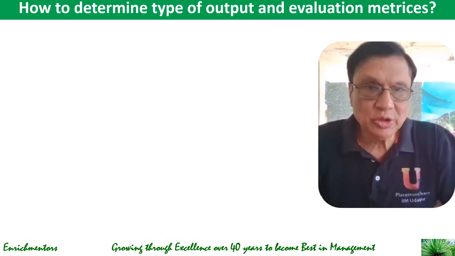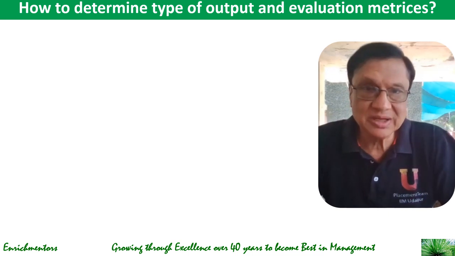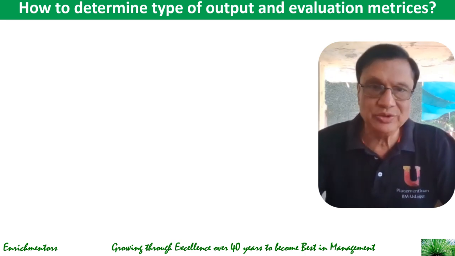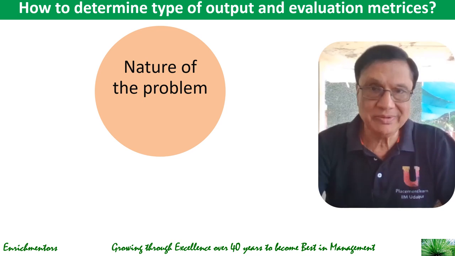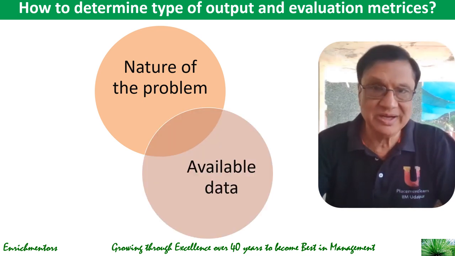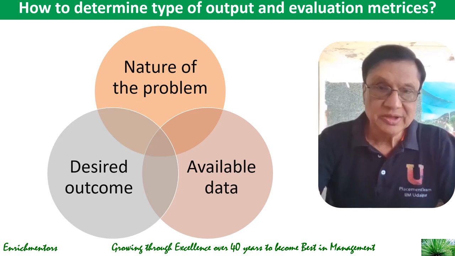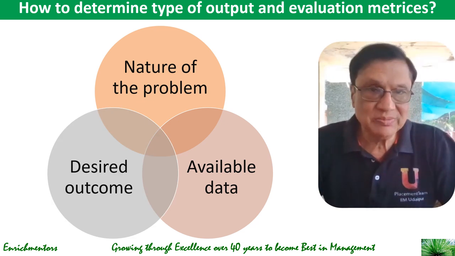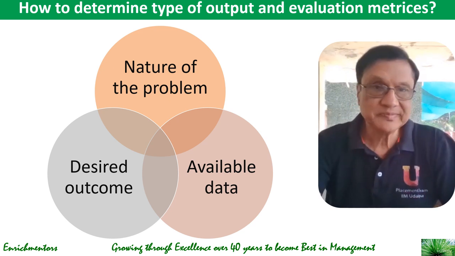Determining the type of output, for example classification, regression, or clustering, and selecting the appropriate evaluation metrics depends on the nature of the problem, the available data, and what outcome you want. Now, how can you determine the type of output and select suitable evaluation metrics? Let's take a look at that.